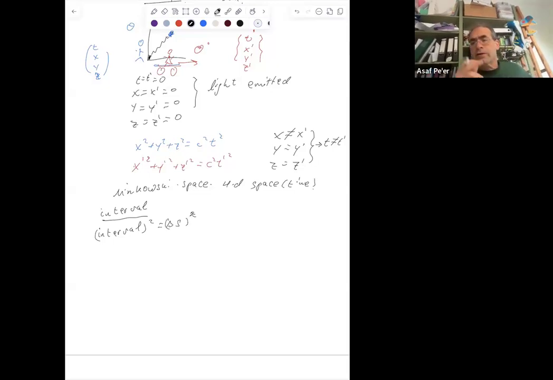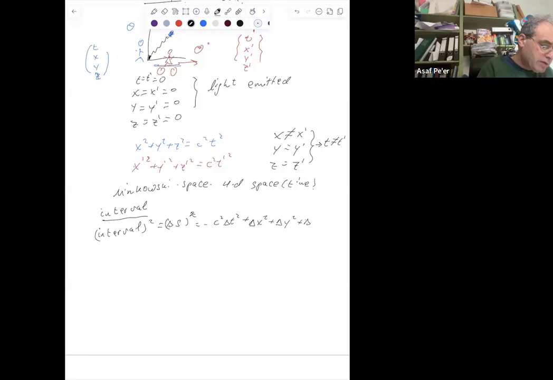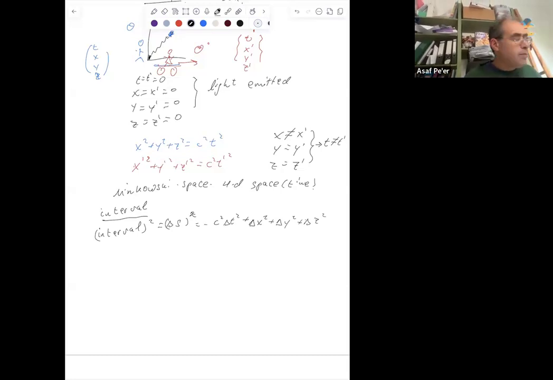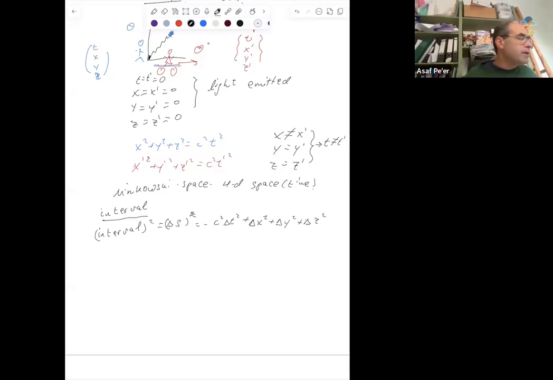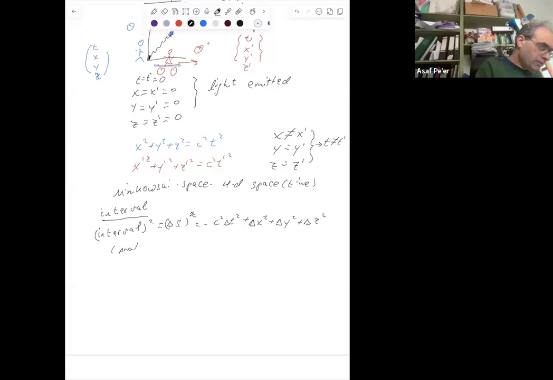There is a delta because this is a difference between two separate events, and it is defined as minus c squared delta t squared plus delta x squared plus delta y squared plus delta z squared. Both agree on it, and we saw the analogy of that with distance in 2D Euclidean space.